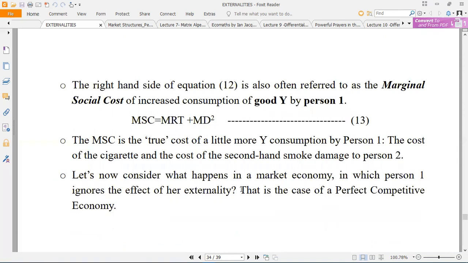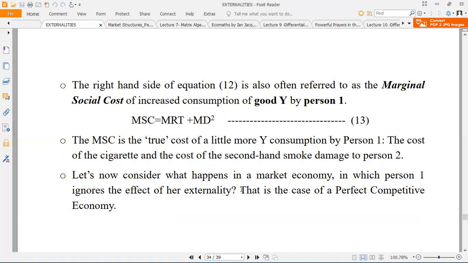Marginal rate of transformation and marginal damage. We call it the marginal social cost. Now, the marginal social cost measures the cost to the entire society as a result of increased consumption of good Y by +1.